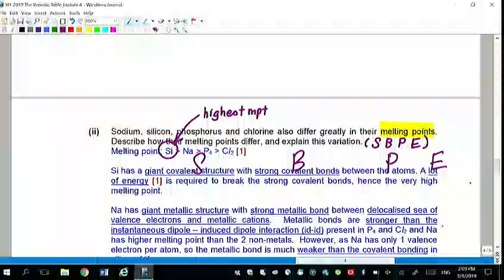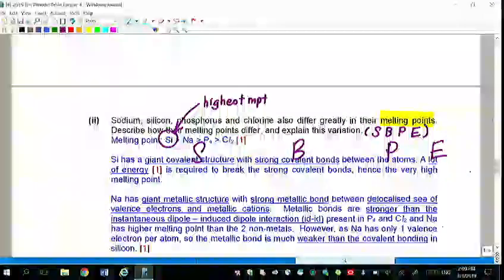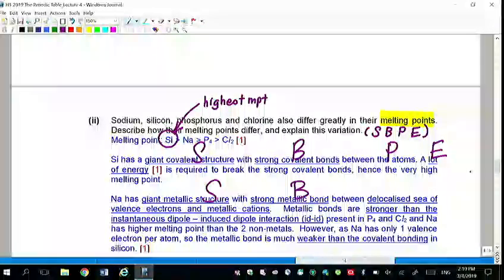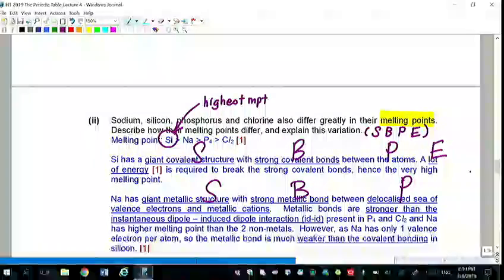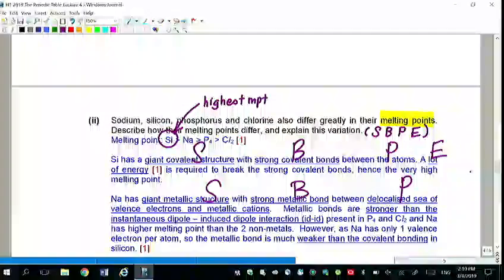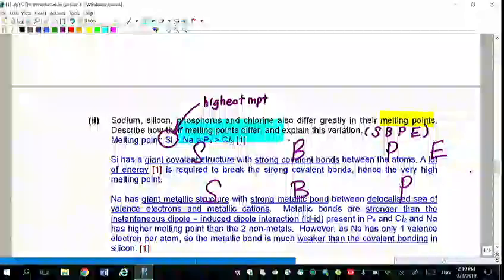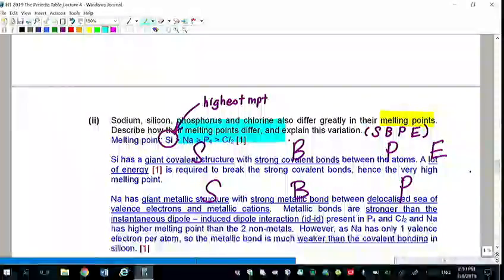Then you go and compare sodium. Sodium, structure, giant metallic structure. Bonding, strong metallic bond. Particles is between delocalized valence electrons and metallic cations. Then, because in this question they ask you to tell us how the melting point differs, you are expected to compare the strength of the bonding.